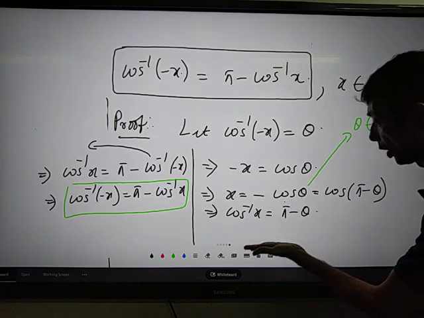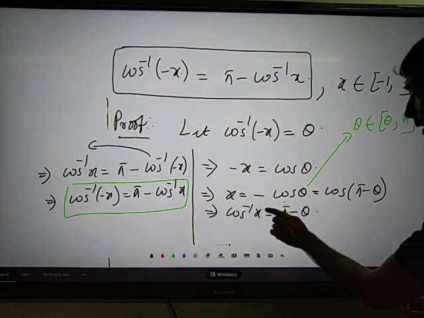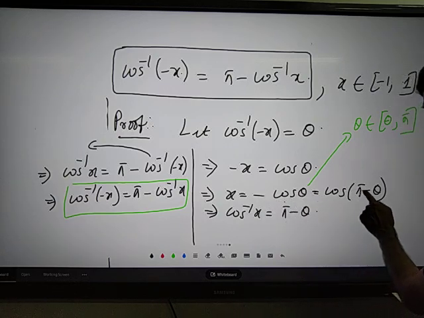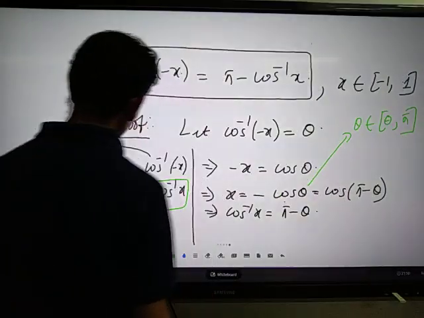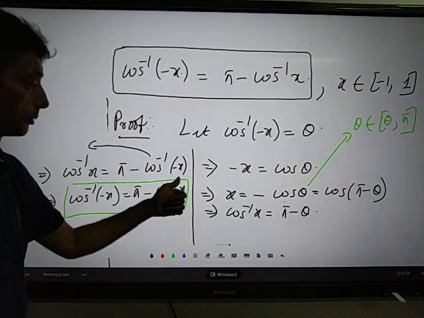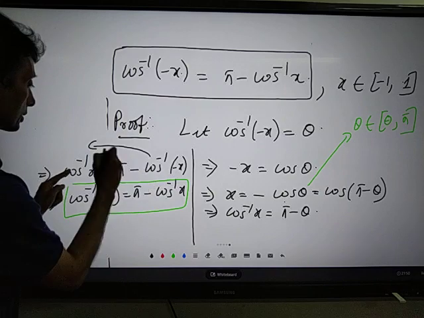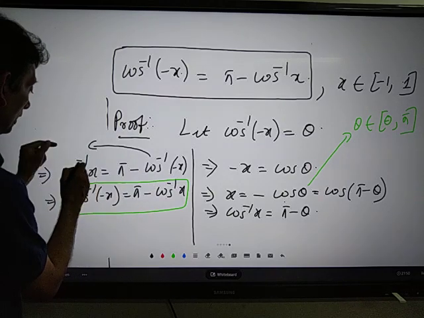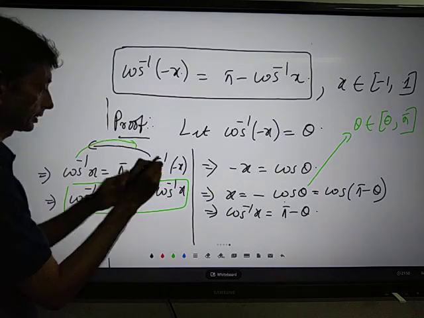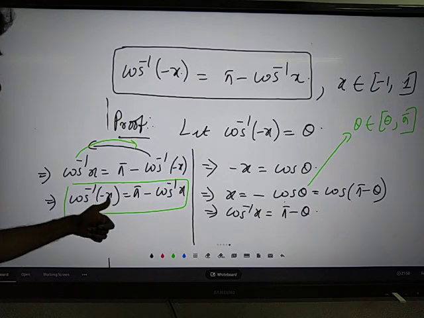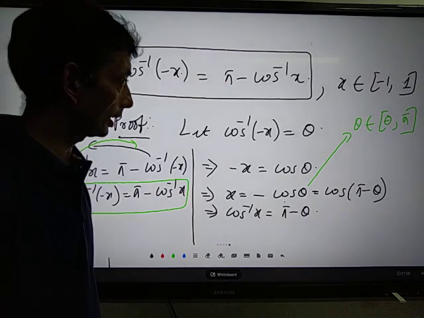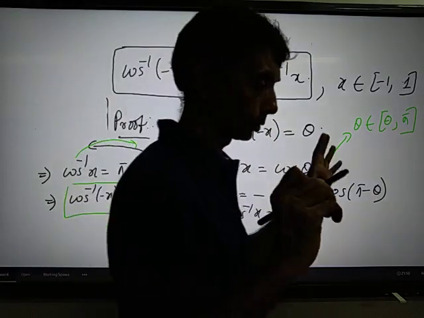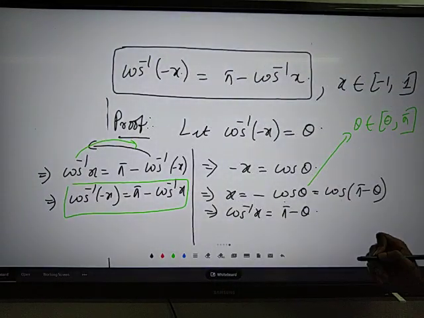Therefore the next step, obviously, is that pi minus theta is equal to cos inverse x, and cos inverse x is equal to pi minus cos inverse of minus x. If you transpose, you get cos inverse of minus x is equal to pi minus cos inverse x. So these are the two important proofs of property 3.